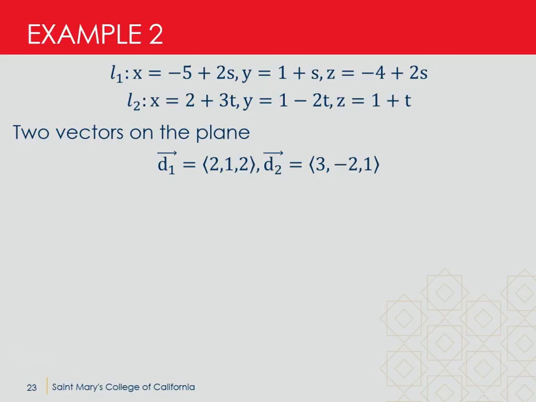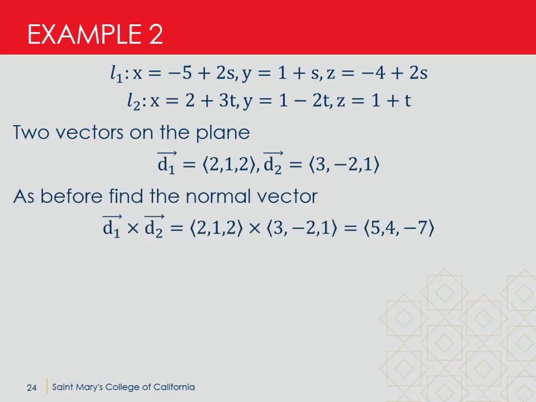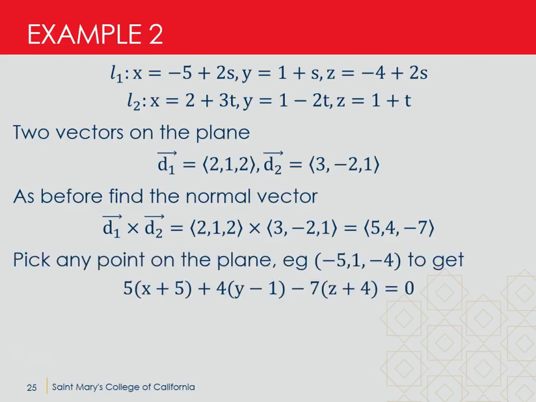Now we have 2 vectors. We can find the cross product of those 2 vectors that are in the plane, and that'll give us the normal vector. So we take the cross product of 2, 1, 2 and 3, negative 2, 1, which will give us 5, 4, negative 7. And that 5, 4, negative 7 is the normal vector, right? That's perpendicular to the plane.